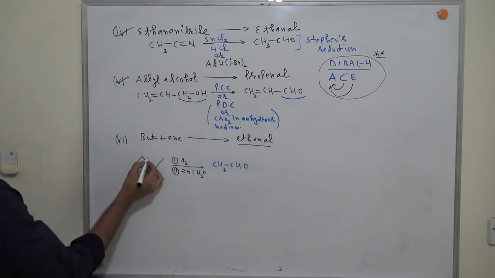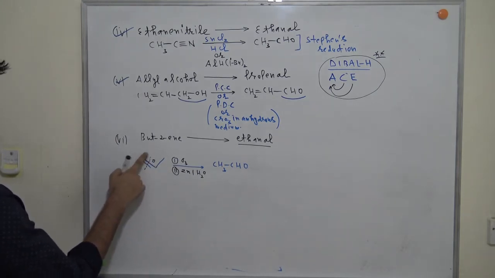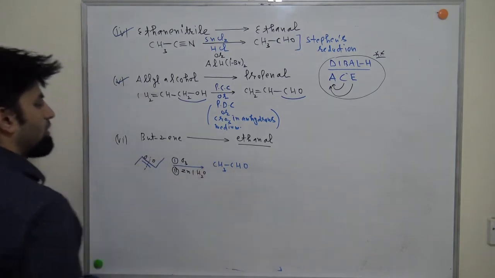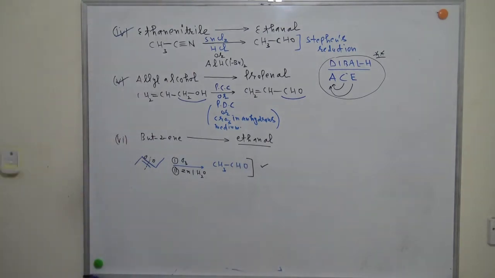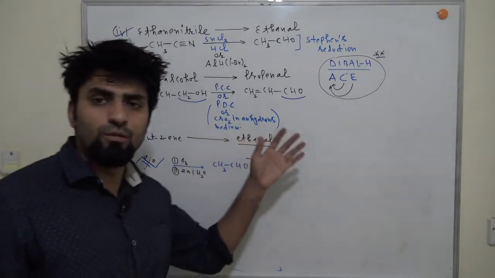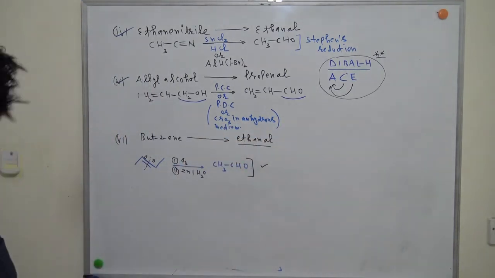What trick I told for double bond? Break it, add O and O. So this will become CH3CHO, CH3CHO. So yeah, 2 moles of CH3CHO, but they are not asking about the moles. So by doing this you can convert but-2-ene to ethanol. Understood, guys?